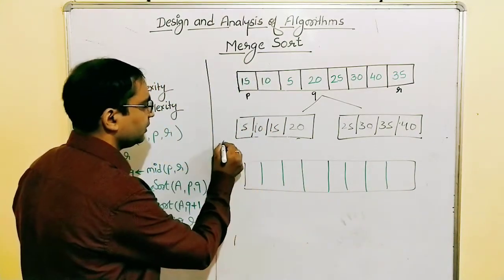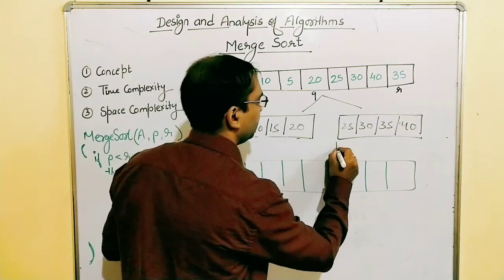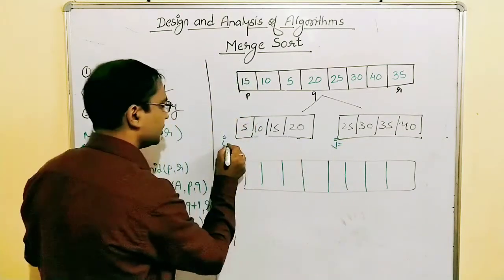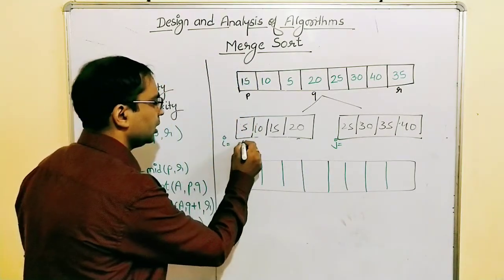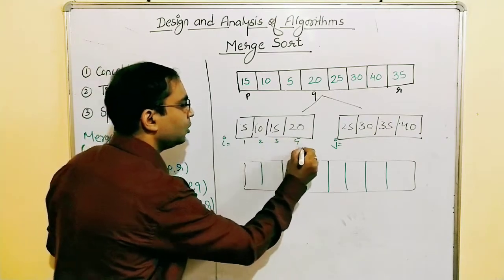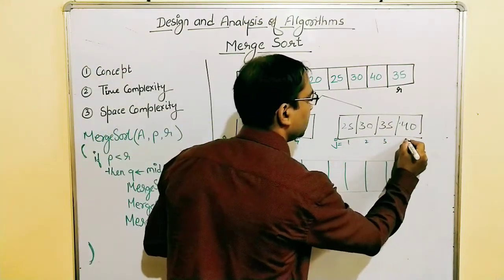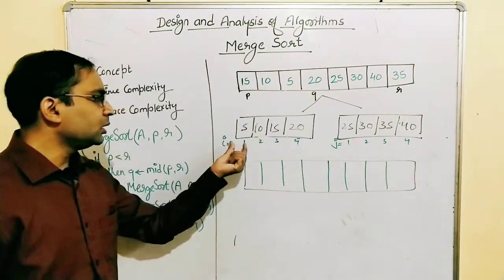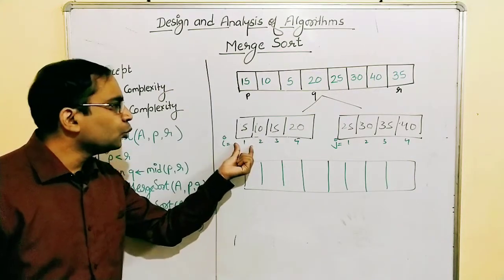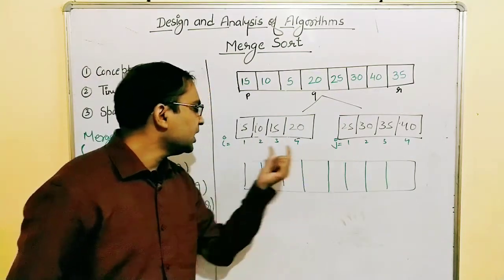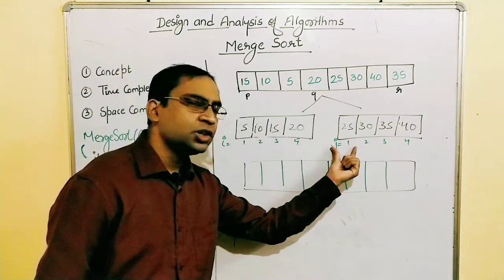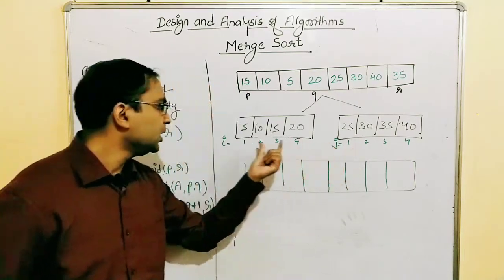So we'll say this is I, and here we'll move with J. So this is I and this is J. So this is 1, 2, 3, 4. J is 1, 2, 3, 4. So first of all, 5 at I equal to 1 will be compared with J equal to 1. So we'll compare.